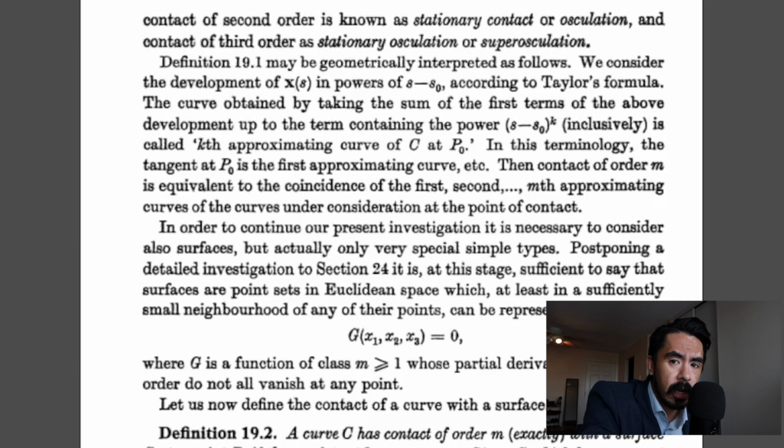But this s naught is an arc length that we're then traversing along the functions representing the curves that we then specify the point of contact at. But s is just the variable arc length.